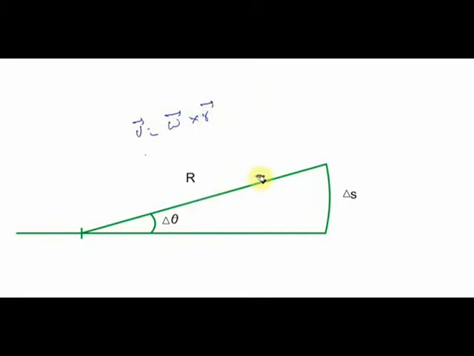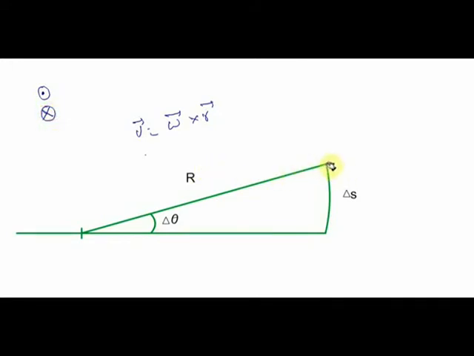As we have already seen, the direction of omega will be coming out of the plane for anti-clockwise rotation, and for clockwise rotation it is going inside the plane. So we'll denote the direction which is coming out of the plane as this, and the direction which is going into the plane will be denoted by this figure.